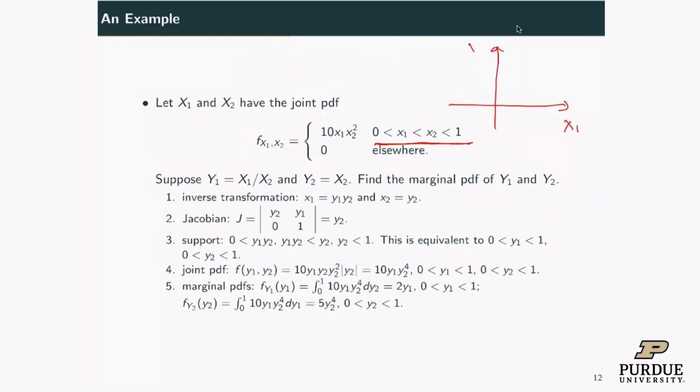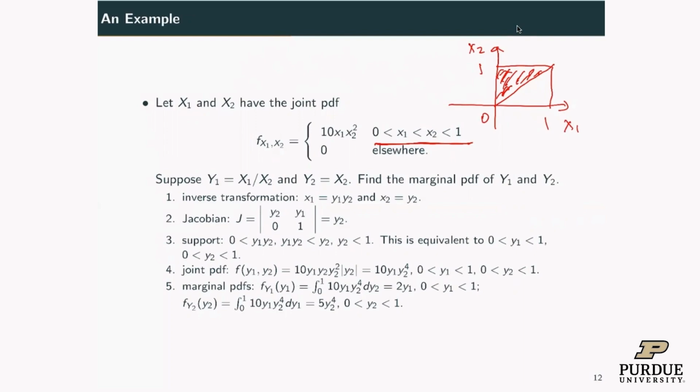This is x1, this is x2, 0, 1, 1. So x1 equal to x2 is here. x1 is less than x2. That's the region, that's the support. So I have a bivariate random vector, which is defined over this triangle.